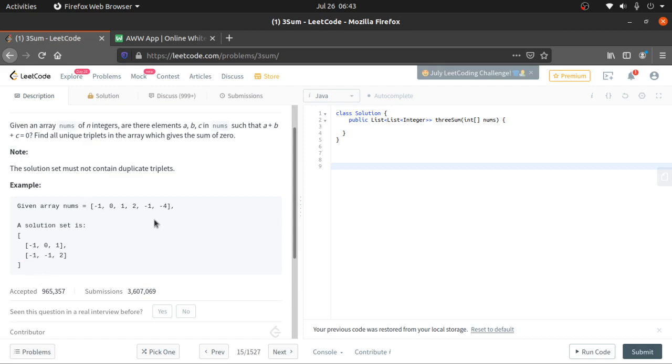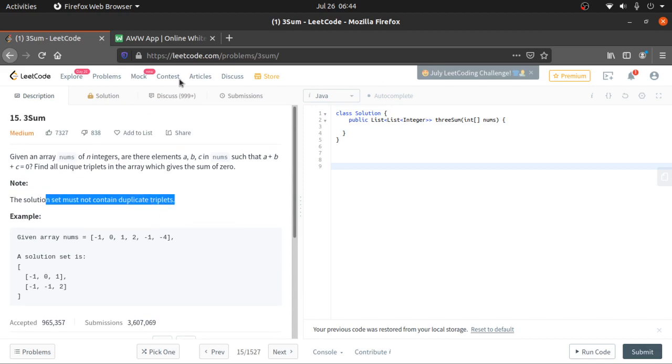That's the first one. -1, -1, 2, they all add up to 0. So the solution is these two here in this case. The solution set must not contain duplicate triplets. This is what we need to pay attention to here.